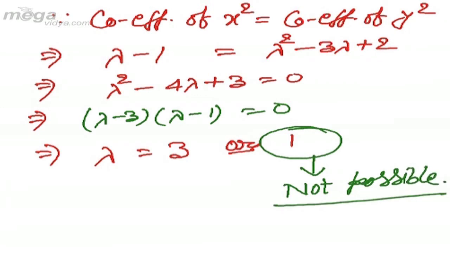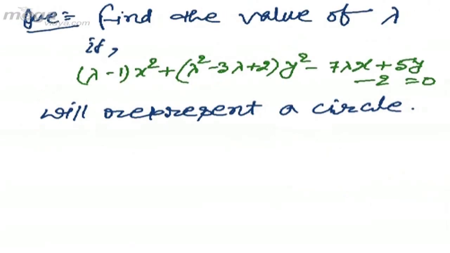Now we will see lambda equal to 3. When you put lambda equal to 3 here, it becomes 3 minus 1, that is 2, x square plus 3 square minus 3 into 3 plus 2, so 3 square minus 3 into 3 cancel, plus 2, y square.